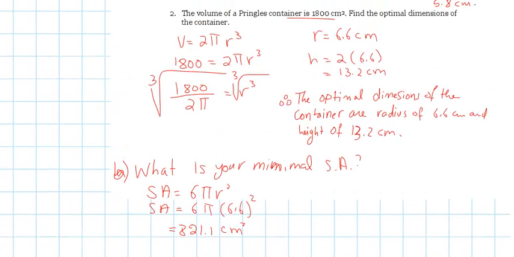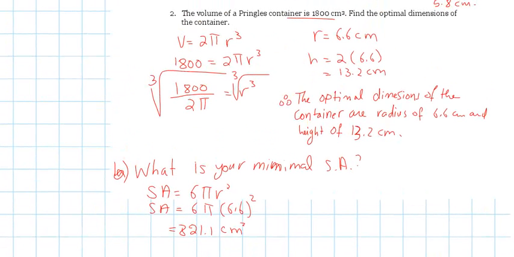What confused me there is that you said your minimal. Yes, because when you're looking at an optimal shape, you're always looking at your minimum surface area and your maximum volume. That's the part that I didn't understand. Yes, because if you're minimizing something, you're making things smaller.